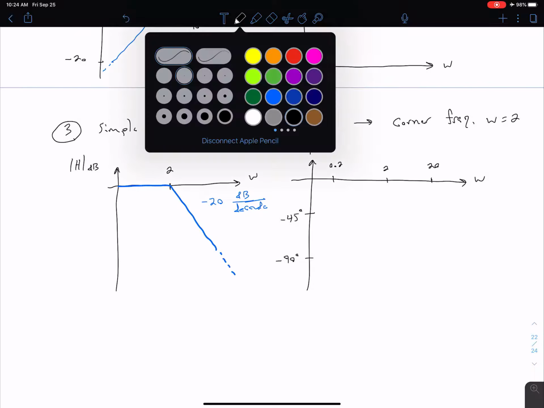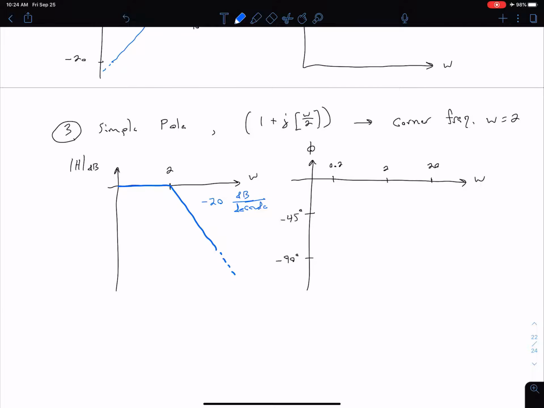And so using again a linear approximation here, what we said is it's 0 if we're less than 1/10 of our corner frequency, and it's negative 90 if we're greater than 10 times our corner frequency. And at our corner frequency, our phase angle is negative 45, and then we just do a linear approximation in between. So I've drawn that kind of poorly, but that should be a linear line with negative 45 degrees per decade slope.